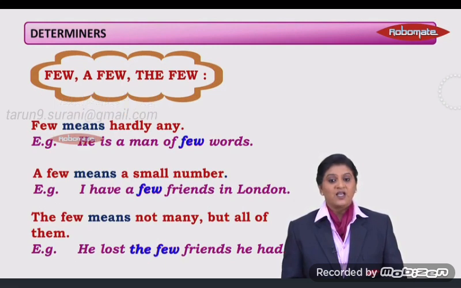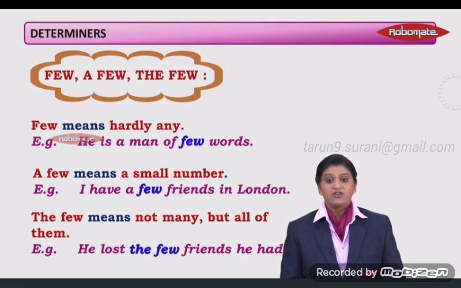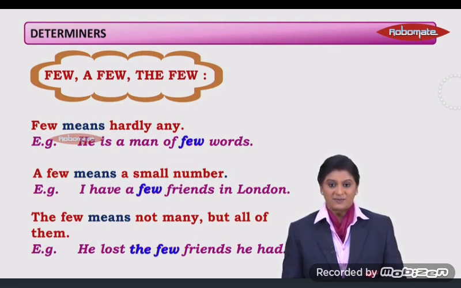In this case, the few means not many. But then, what about but all of them? Basically, the interpretation of the sentence is, he did not have many friends, but he lost all of them. Okay, that means the few indicates not many friends, however, all of them are lost by him.